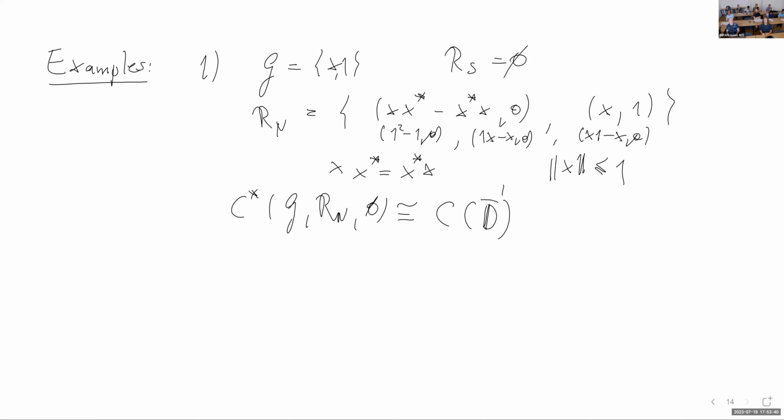So there is no way that somehow a unit magically appears. Yes, if I recall correctly, we get C0 taking out 0. I think this example is in Blackadar's paper.